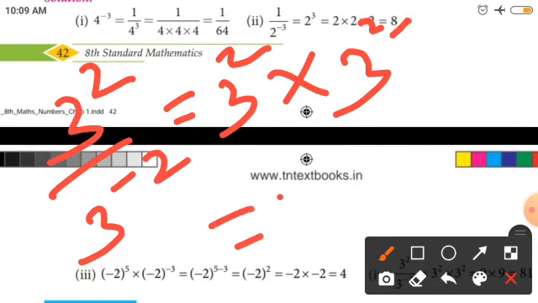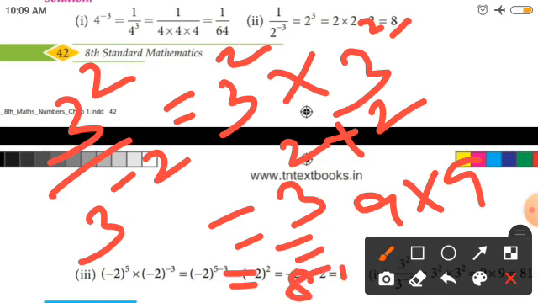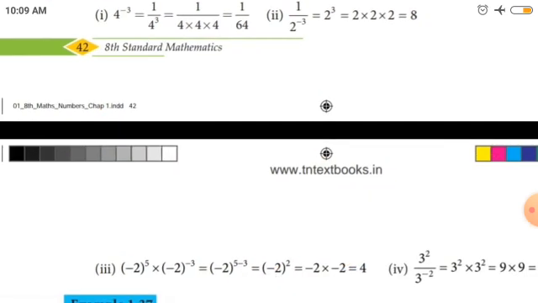That is 3 to the power 2 plus 2, which is 3 to the power 4. 9 into 9 is equal to 81. The answer is 81.